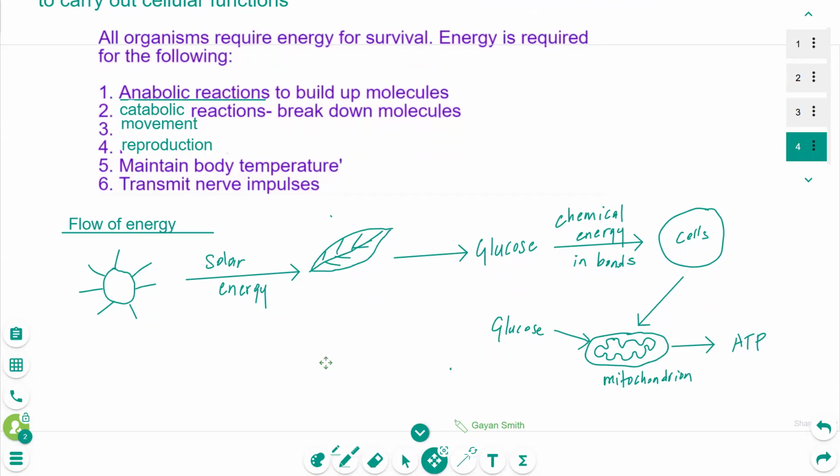And I gave you like 6 examples above that we use the energy for. I'm going to tell you some more about this molecule of ATP that you're going to see very commonly.